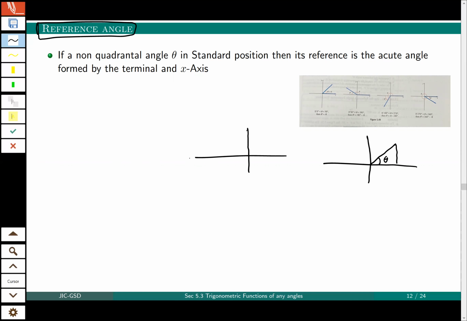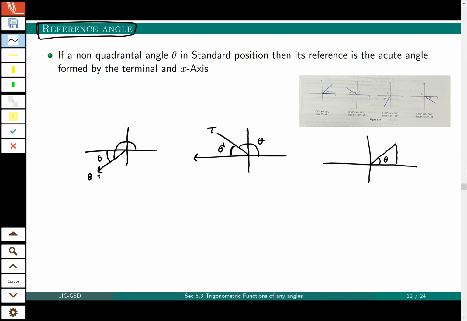The definition of the reference angle is the angle that the terminal side makes with the x-axis. So if this is my angle theta, the reference angle is the angle between the terminal side and the x-axis, not with the y-axis.